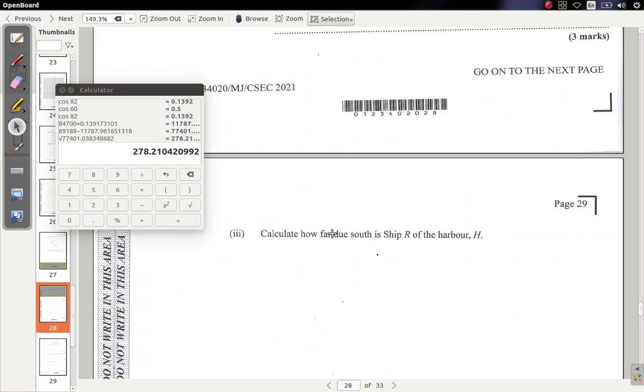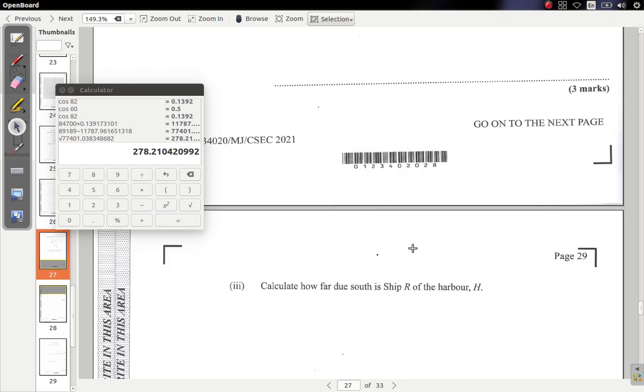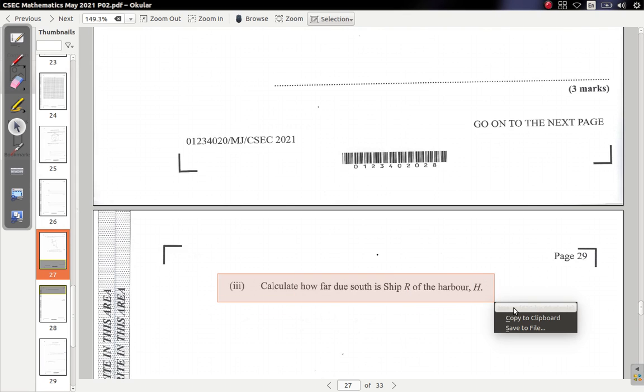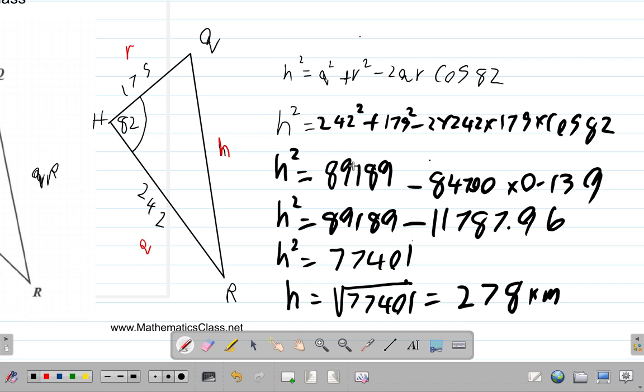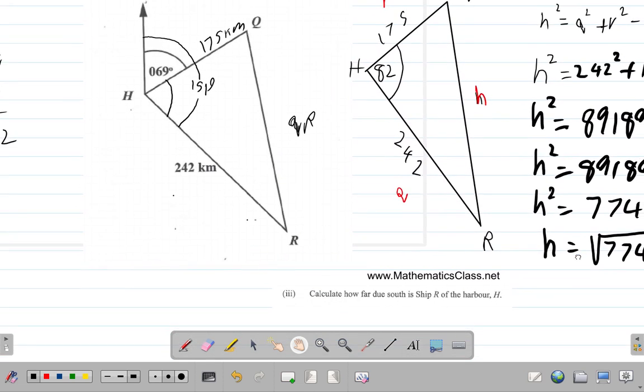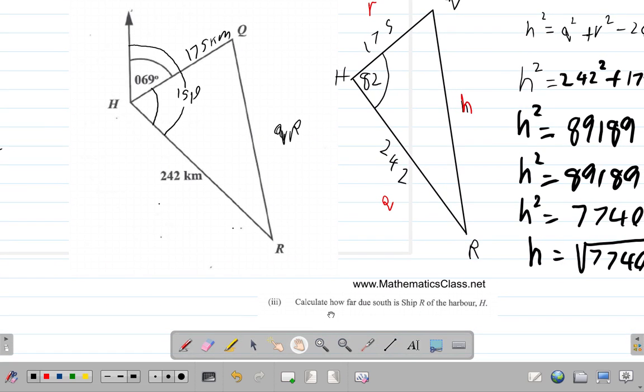Alright, let's see the next one. Calculate how far due south ship R is from the harbor H. Copy this part here and paste.